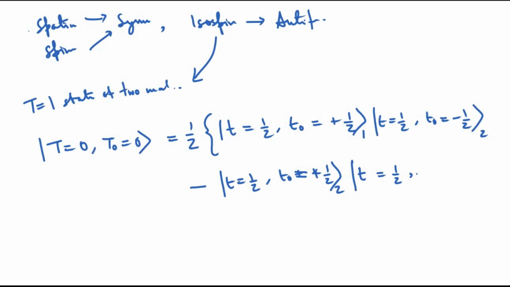So I have recapped. Fine. So t0 equal to minus half indices 1, write this. Okay. So this wave function describes the t is equal to 0 state. Now you can see that the right hand side of this, here you can see what will happen if we apply the isospin raising or lowering operator.